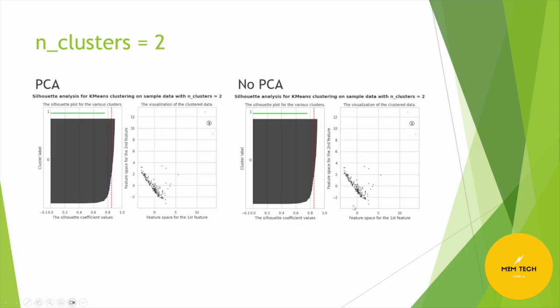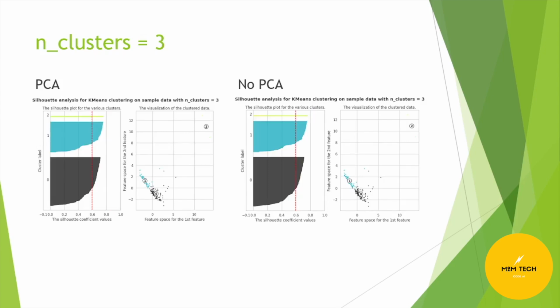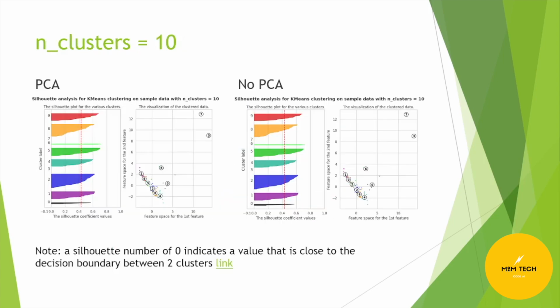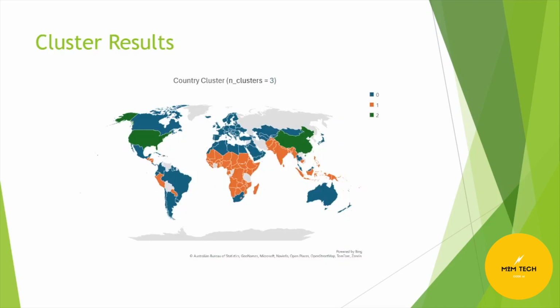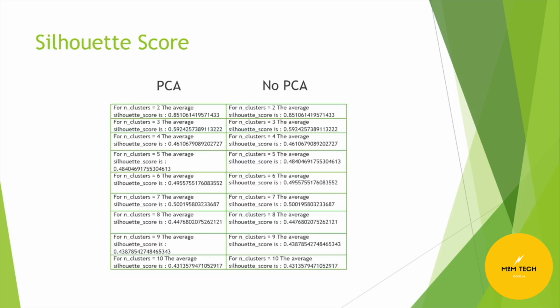And so what I found when I did the PCA and non-PCA on this data set is there were actually no differences in the results of the cluster modeling that was completed. As you can see from these results that are here, and I also sampled the silhouette analysis as well. They were exactly the same.